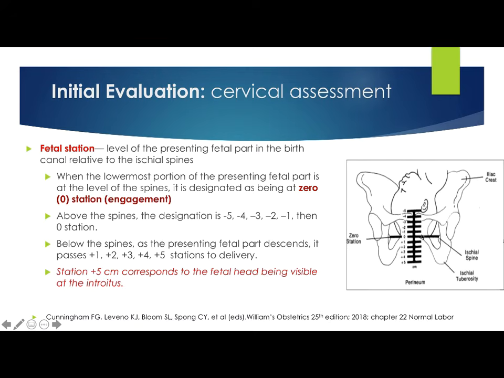So above the spines, we have the designation of -5 to -1. That's going up. And below the spines, we have +1 to +5. So station +5 corresponds to the fetal head being visible at the introitus, or when the fetal head is already crowning. That's station +5.